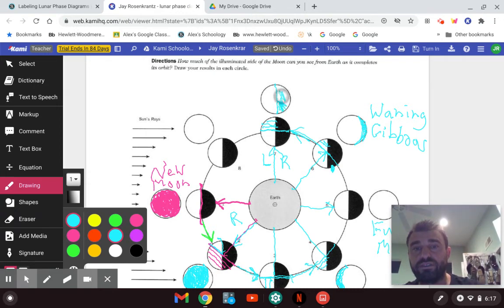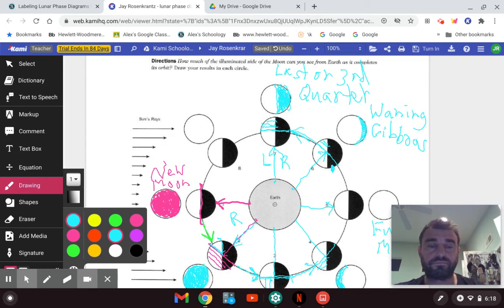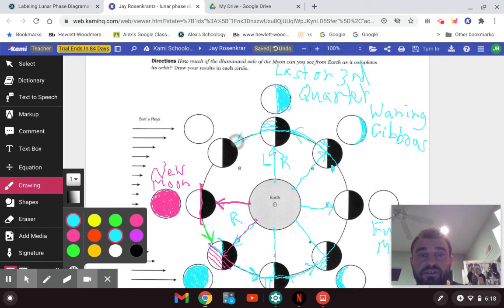So the left half is what we see. The right half is in darkness. Okay? And we call this either the last quarter or the third quarter. Okay? And then it's going to move to position 8, which is the very final phase.